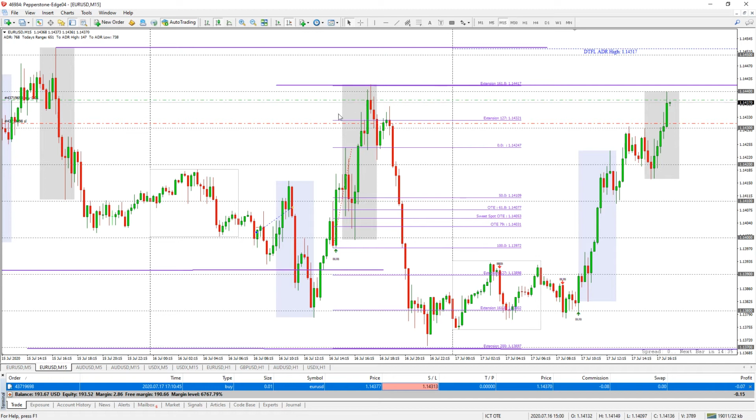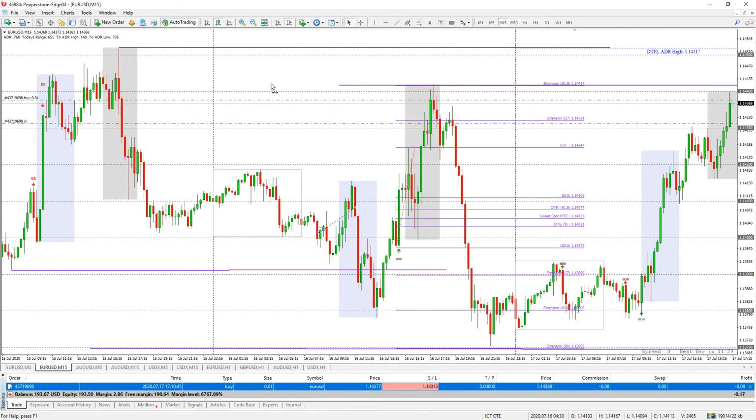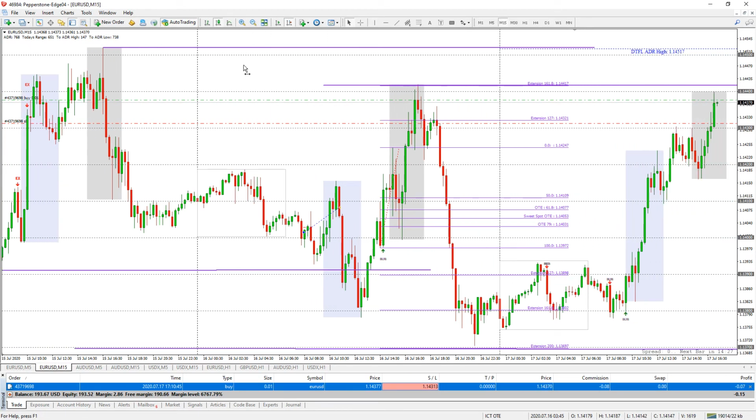And let's take a look at this reversal at the top. What happened here? You can't see the line here because it has passed. So yesterday the ADR high line was somewhere here, and price came here, and then after that there was a slight rejection.